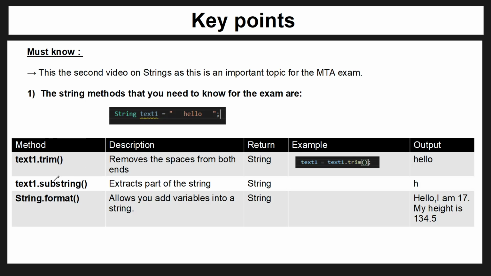Next one is substring. Again, this is a method from the object, and so if we did a substring of 3 to 4, we would get hello. There would probably be one white space here, one white space here, and one white space here.